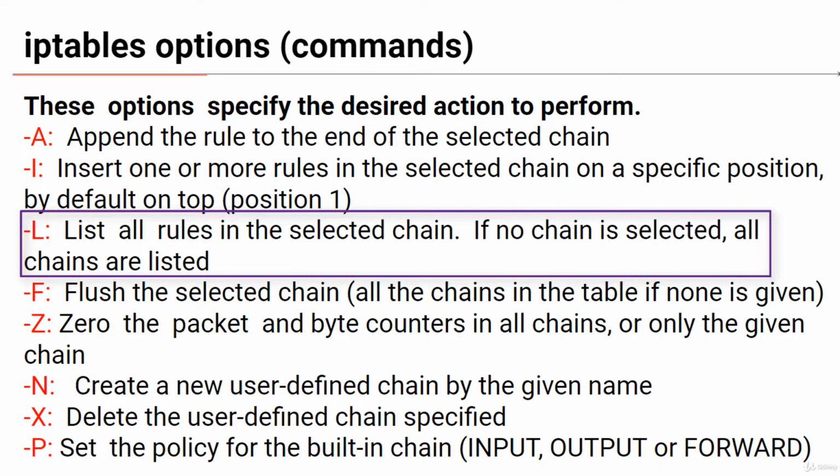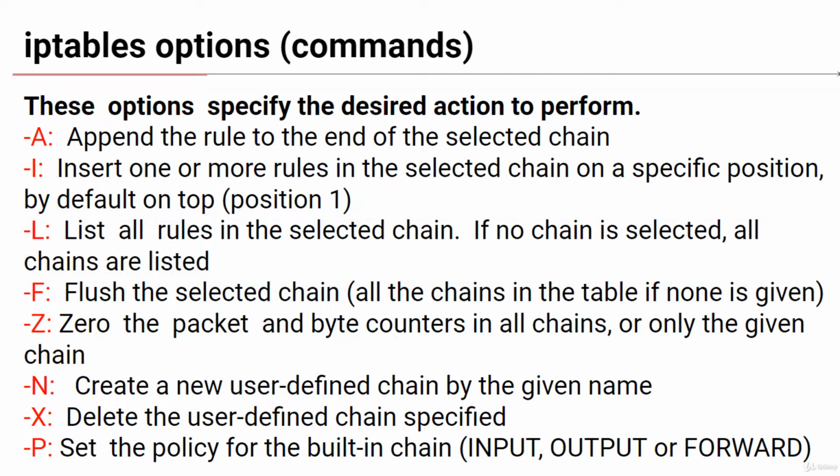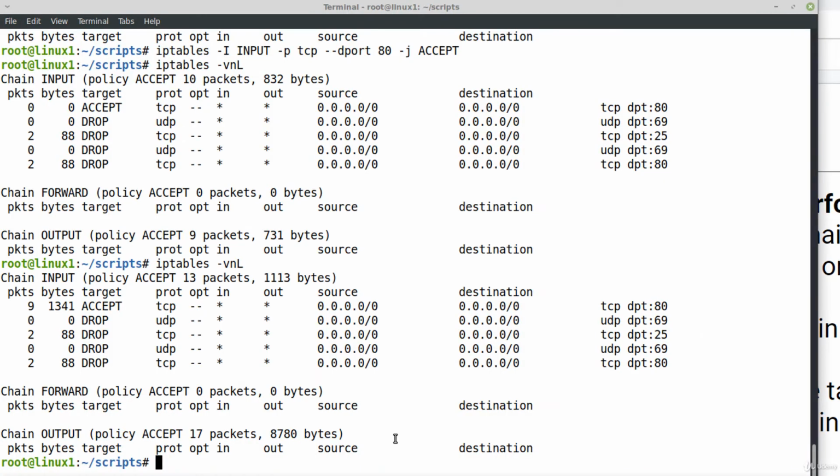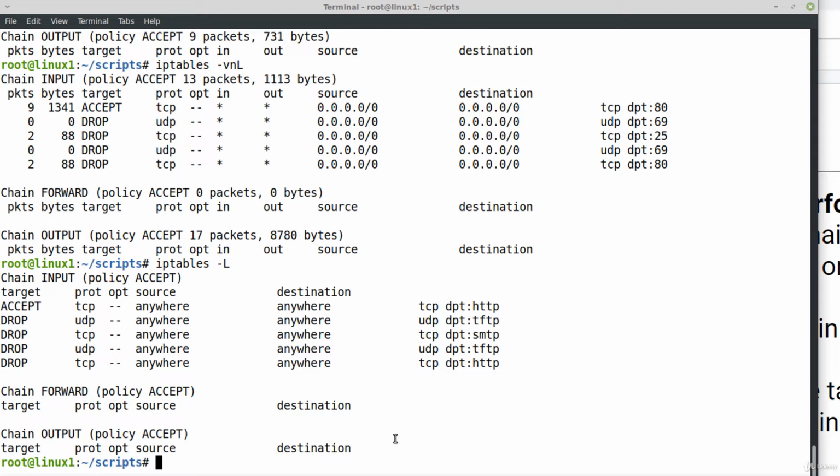Another option is -L. -L lists all rules in the selected chain and the specified table. If no chain is given, all chains are listed. For example, iptables -L lists all rules in the filter table and all its chains: input, output, and forward.